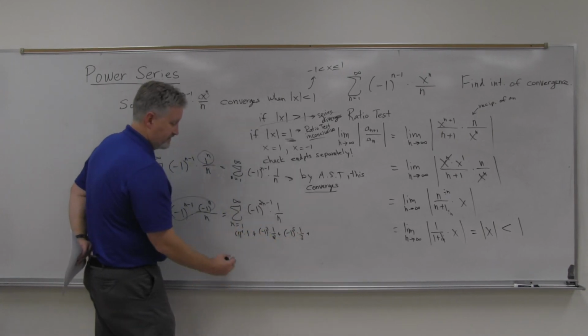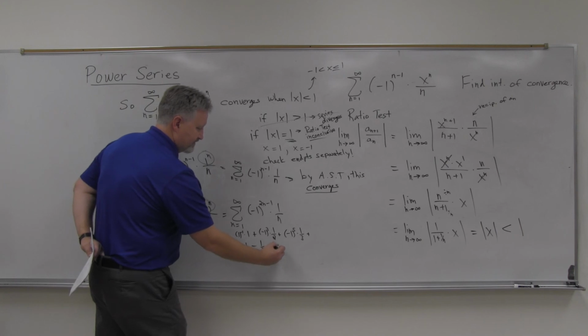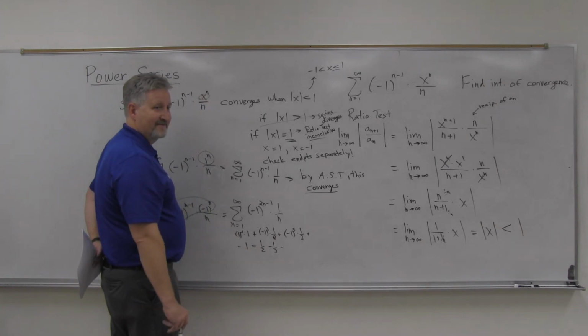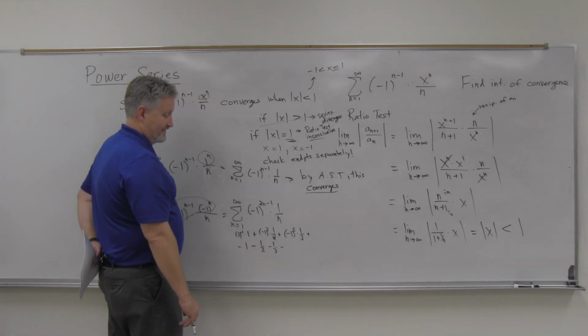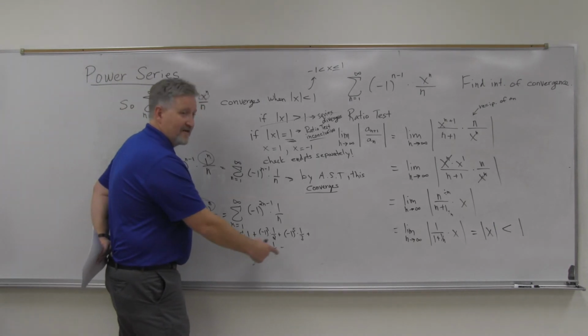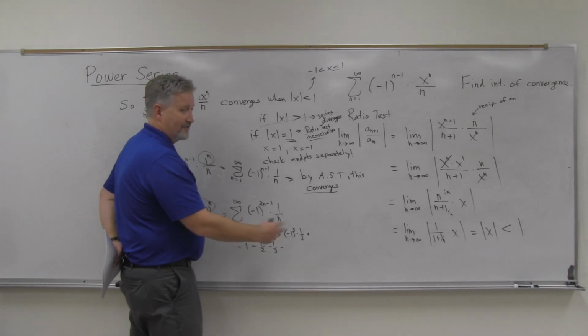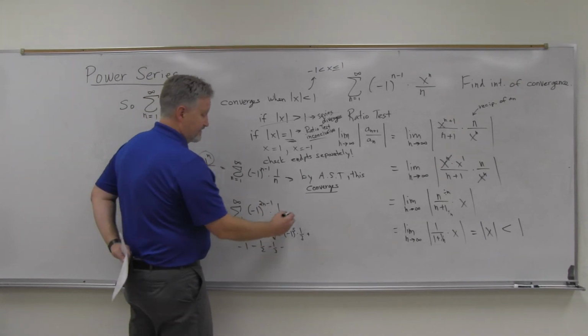See what's happening there? Negative 1, minus 1/2, minus 1/3. What is that? Divergent. That's the harmonic series, the negative harmonic series. It's not alternating. That's going to be divergent.